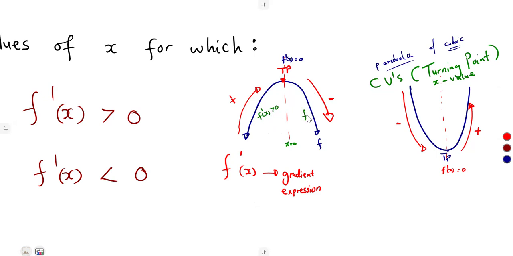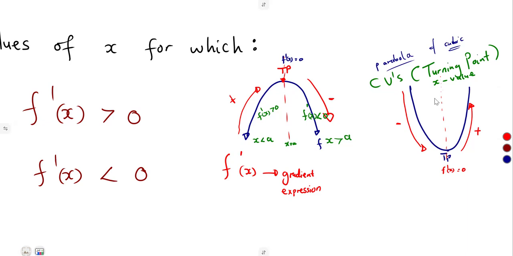On the other side, our first derivative is less than 0, negative. This is the condition compared from x. So this side, x is less than a. The other side, x will be greater than a, which is at the turning point. So you make your comparison with the turning point.